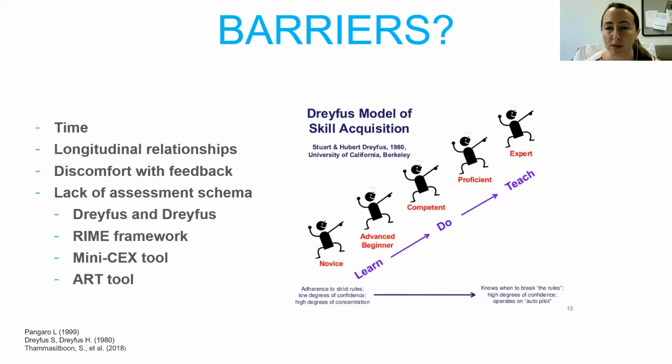The Dreyfus and Dreyfus model, right? So the novice becomes the expert and the teacher. And this is from the web, forgive me, but I love that the expert teaches, period. And they're sort of on autopilot, right? That's the worry, that I'm going to go on autopilot and not realize how many errors I'm making now that I'm the expert and the teacher. But this is something we're all pretty familiar with.